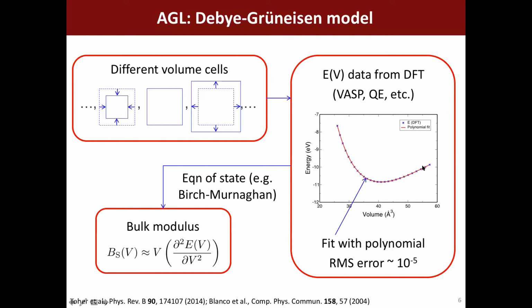Or you can fit to an equation of state as well. There are things like the Birch-Murnaghan equation of state. These are different options within AGL. Within AFLOW, you can select in the input file which equation of state you want to use. Then from this, you can get the bulk modulus. This is sort of a static bulk modulus based on the energy-volume curve.